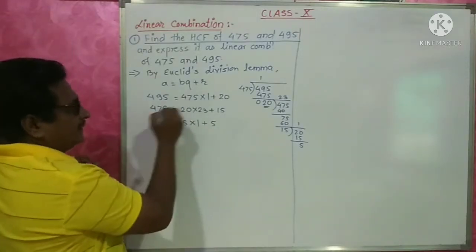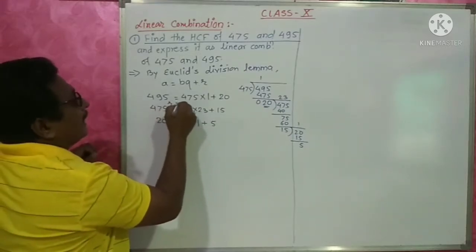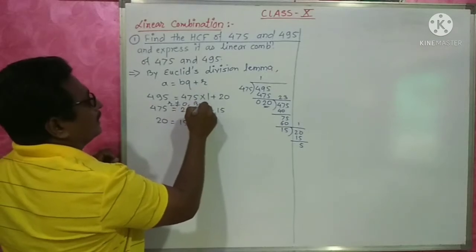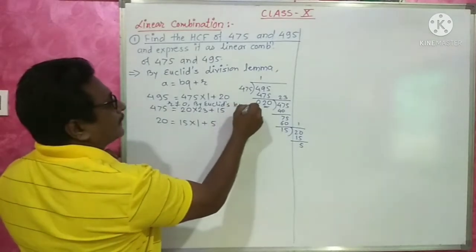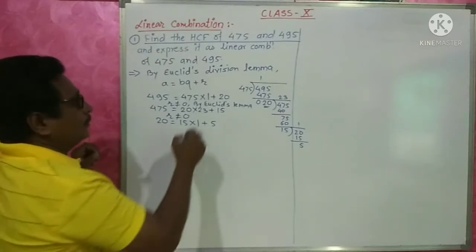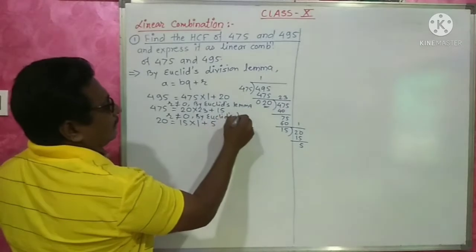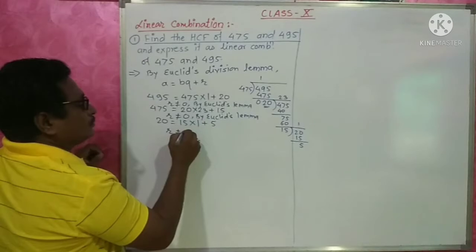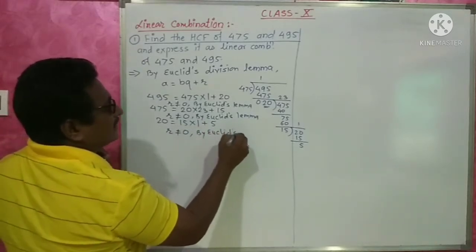So here by Euclid's division lemma, R not equals to 0, we will continue. Here also R is not equal to 0, so continue Euclid's lemma.